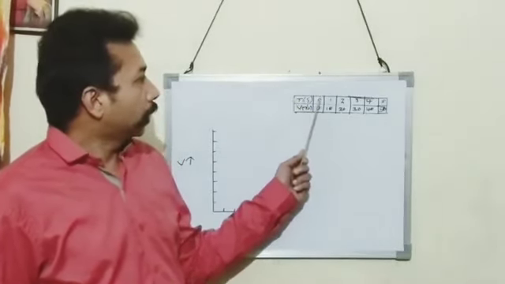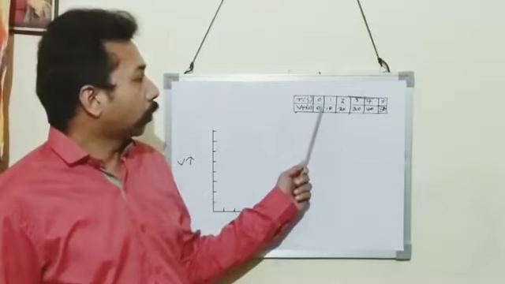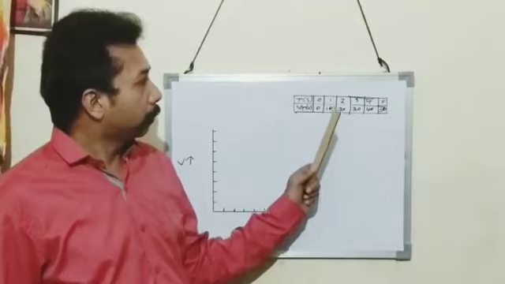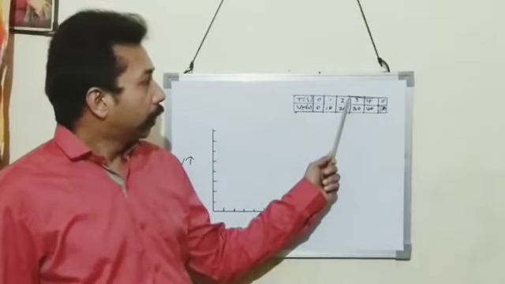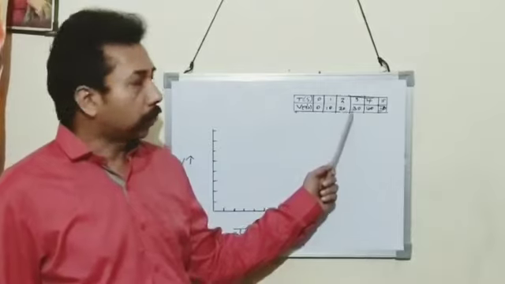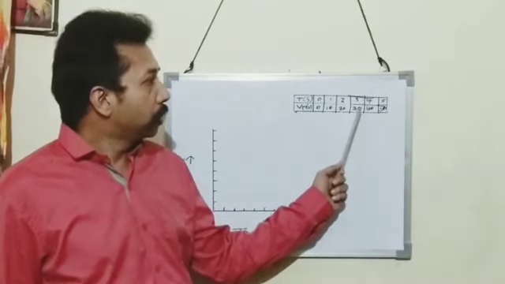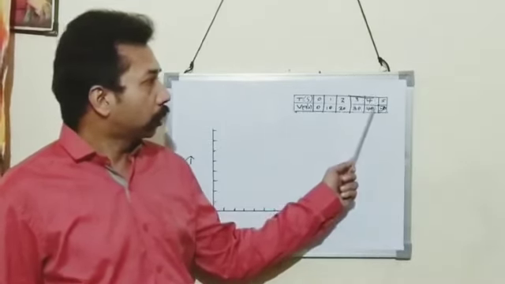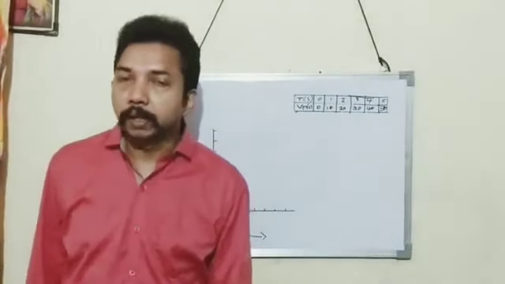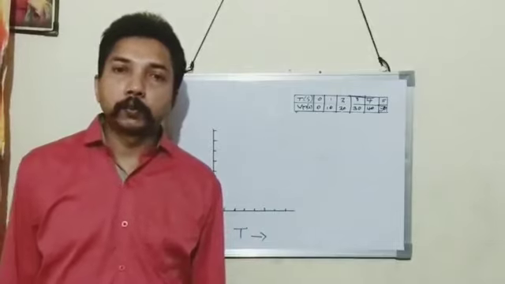At 0 second, velocity of the body is 0. Now after 1 second, the velocity of the body is 10 meter per second. And at 2 seconds, velocity is 20 meter per second. At 3 seconds it is 30 meter per second, at 4 seconds it is 40, and at 5 seconds it is 50 meter per second.